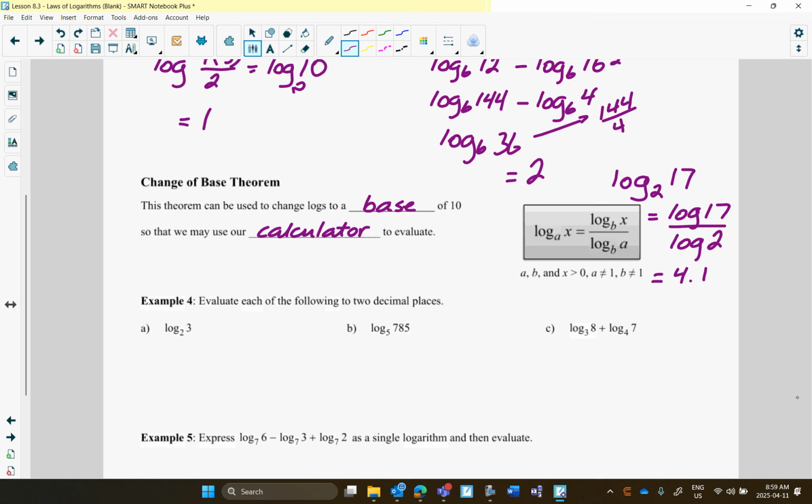Which makes sense when we were estimating. So that's when you can't do them mentally, you use what's called the change of base theorem. This you're not given, you have to remember this one.